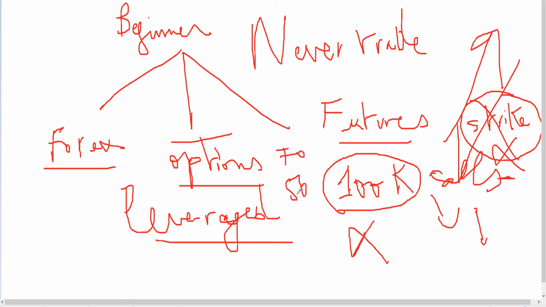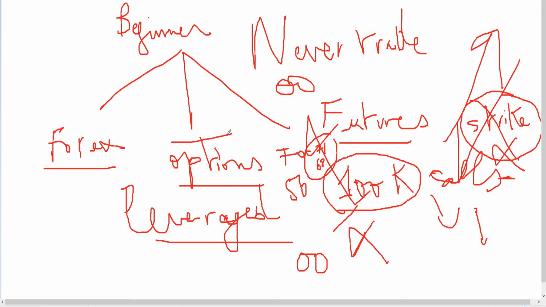If the strike is 71 or 68 or something like that, these numbers don't exist anymore. So your strike will be zero. So your $100,000 that you put is zero now. Your account will be wiped out.